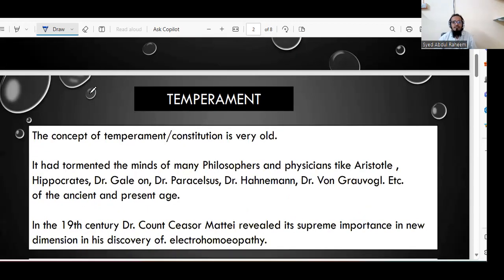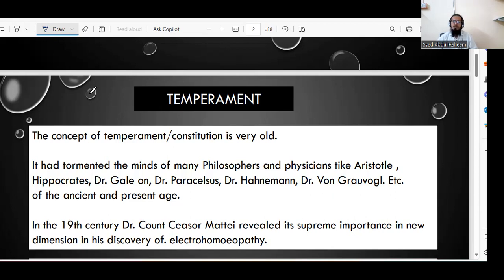Basically, this is a very old concept, not only new in electrohomeopathy, but it was also used by past philosophers and past physicians, historical doctors.